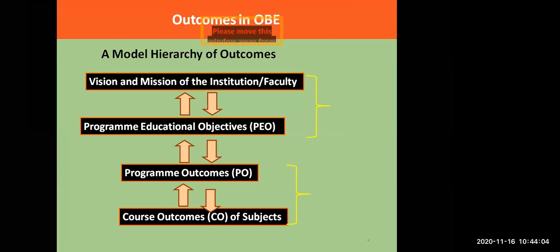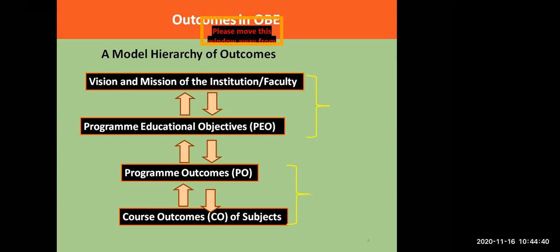Many of you may know that in outcome education, the hierarchy is that you start from the vision and mission of the institute or the department, right? Then you have program educational objectives. What are the program educational objectives? They are where you want to see your students after 3-4 years, 4-5 years of passing out from your institute.